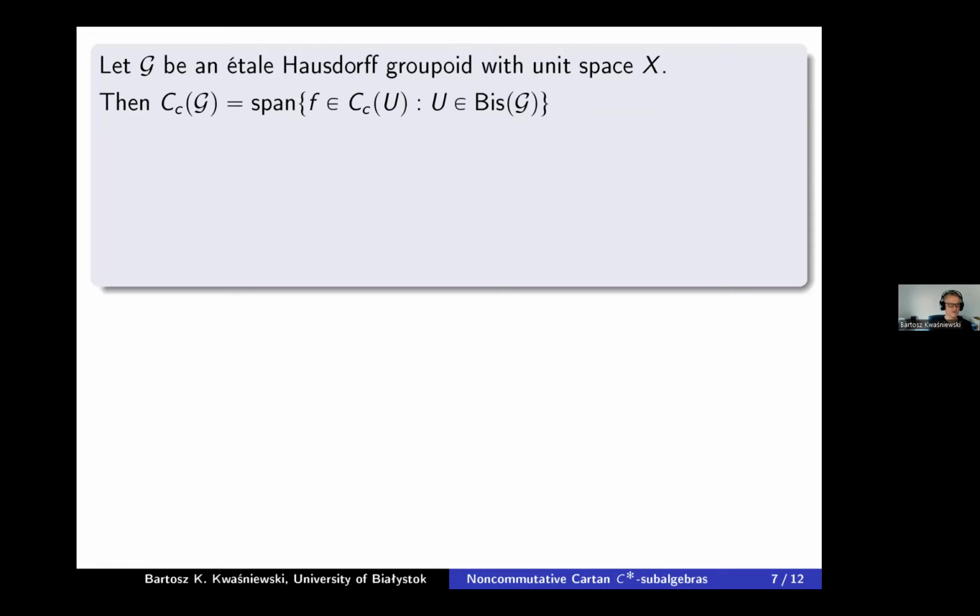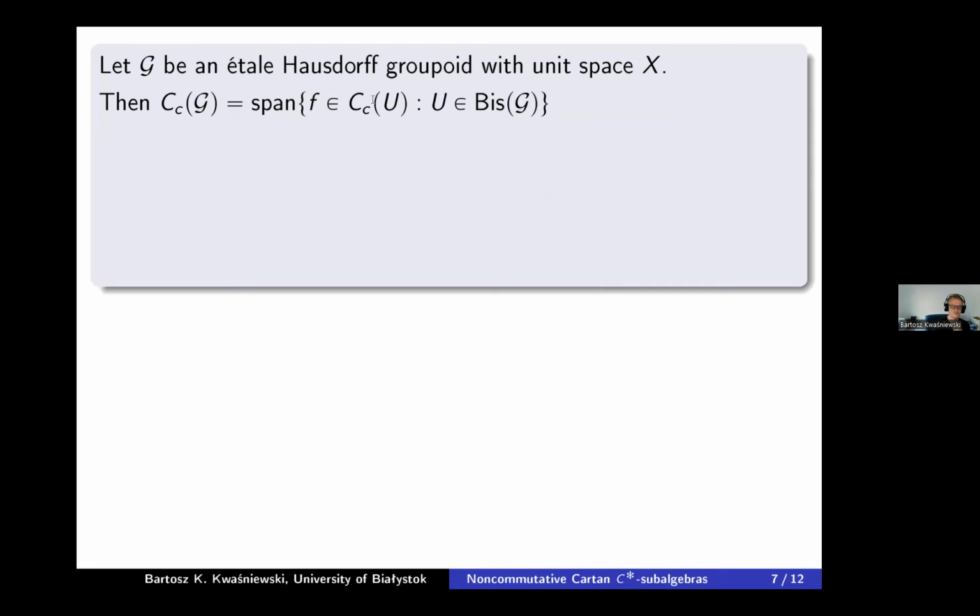So when we have this étale groupoid, then we can construct the star algebra. We consider the space of continuous compactly supported functions on G. Because we assume our groupoid is étale, we could view this space as the span of functions that live on bisections.